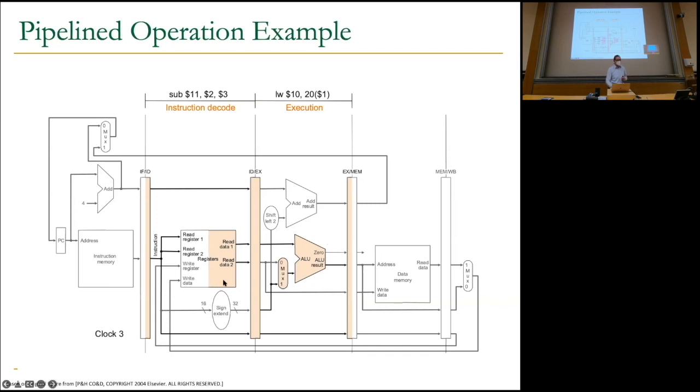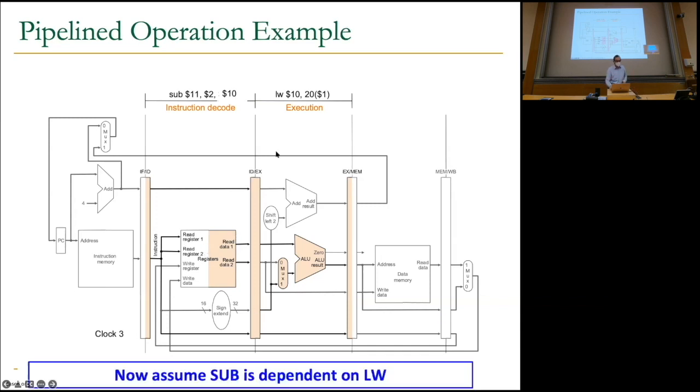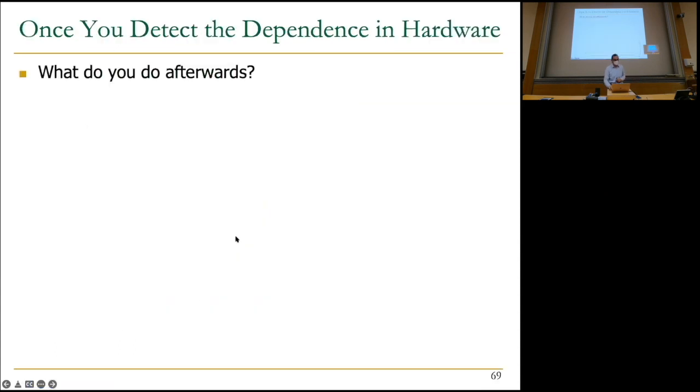And if the output says there's a match between the registers, and there's a conflict, and this needs to stall, then you generate a stall signal, which is used very similarly. You basically insert a bubble into this register so that you don't move the subtract instruction, which is dependent right now. And then you ensure that the pipeline register over here doesn't get overwritten so that the subtract instruction stays over here. Basically, stall the pipeline.